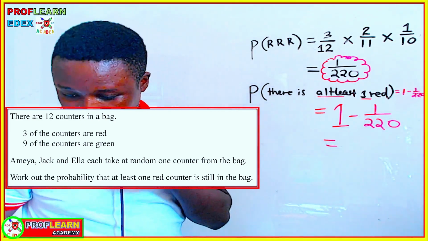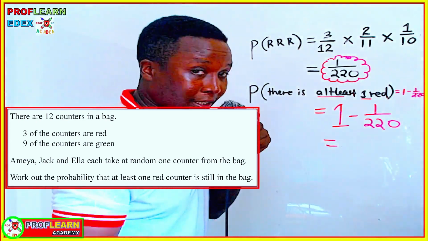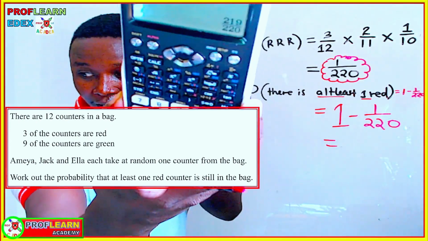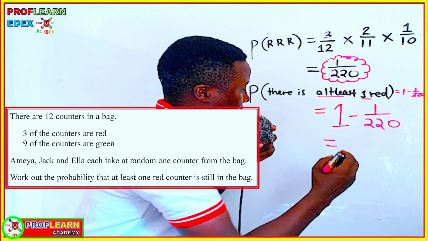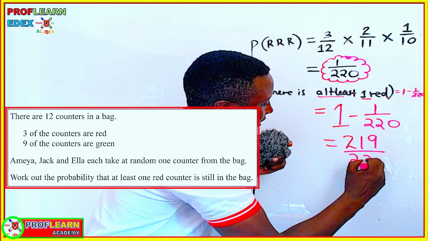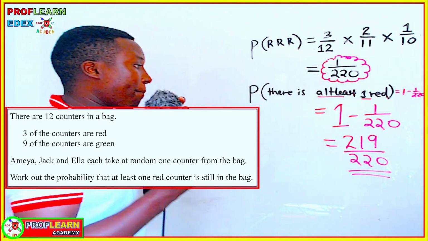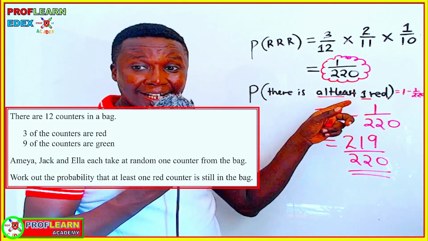If I work this out, let me just subtract. I'm getting 219 over 220 as the probability that there is at least one red.